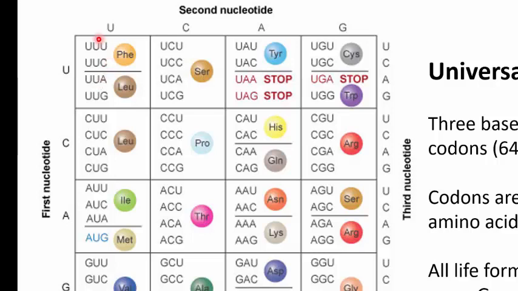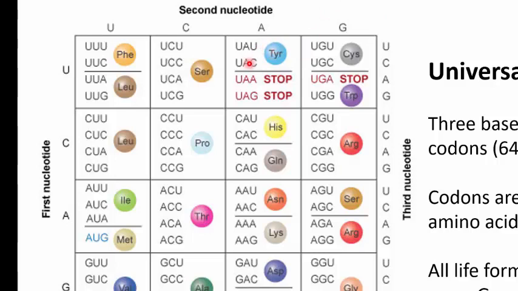And so you'll see that there are two codons for phenylalanine. Leucine hit the jackpot. There are 6 codons that will code for this amino acid called leucine. There are 4 for serine, 4 for proline, 4 for threonine, 4 for alanine, etc. Many of them have 2, like tyrosine, TYR.